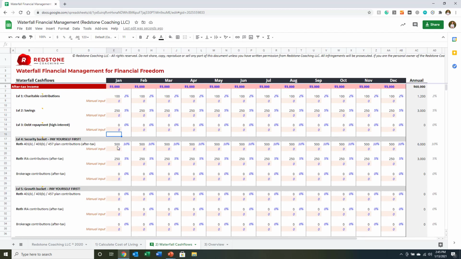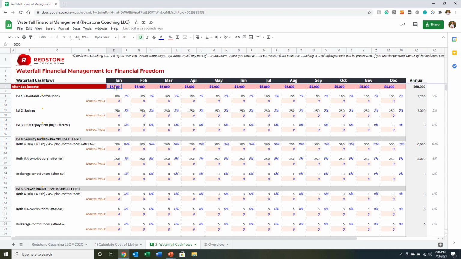So, this decision for the 401k, like the employer-sponsored investment accounts, the 401k, the 403b, the 457, even though it's down here on level 4 of the waterfall, realistically, you are going to have to make that decision before that money hits your checking account.